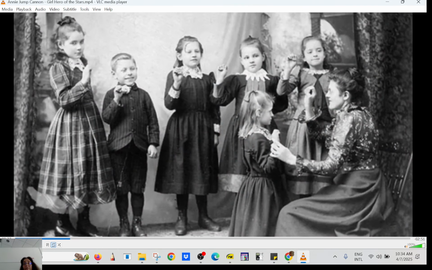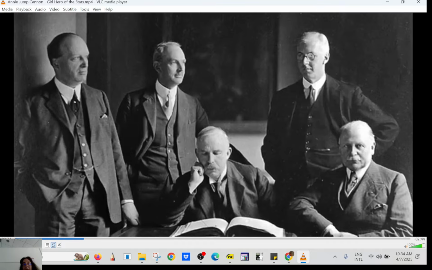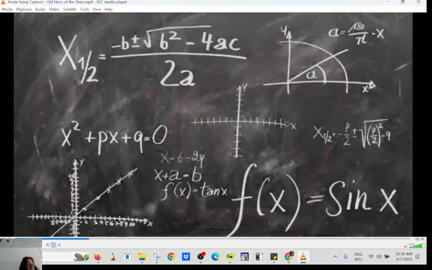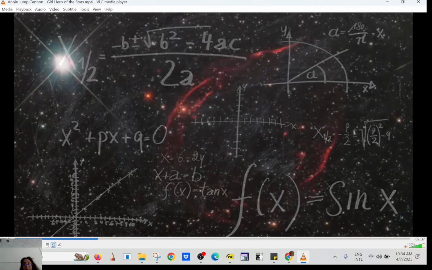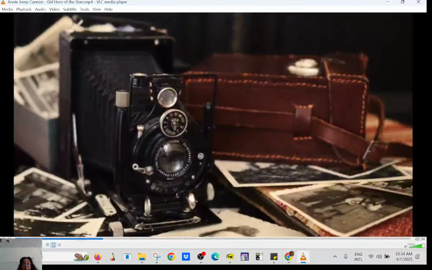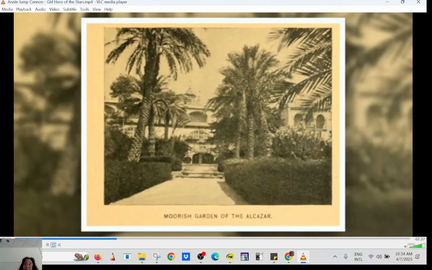And she did all this while being almost completely deaf, working at a time when women couldn't vote and few women were studying sciences. Annie Jump Cannon studied physics and astronomy in college, and after she graduated in 1884, she learned photography, which was still brand new, and traveled around Europe taking pictures that were eventually published.